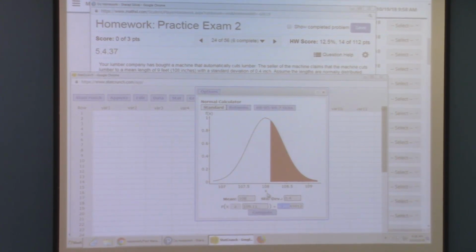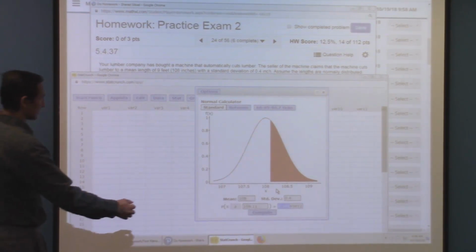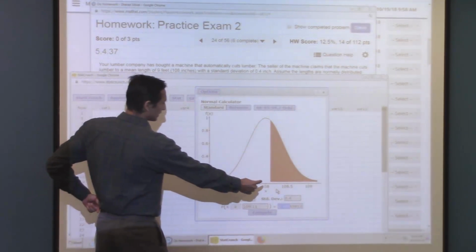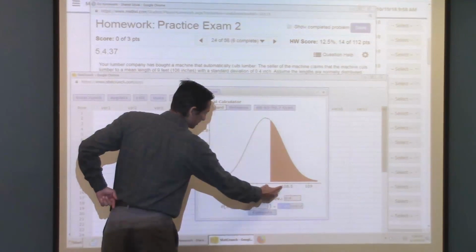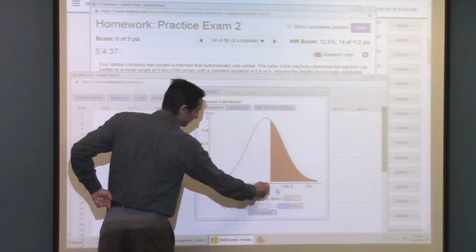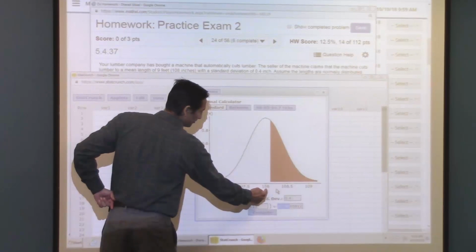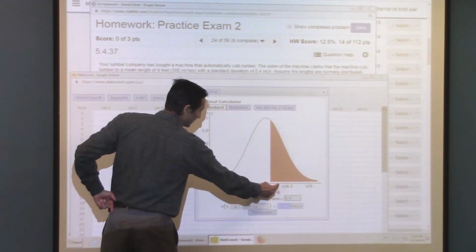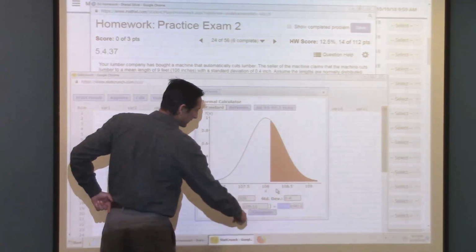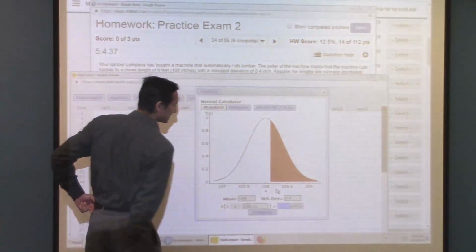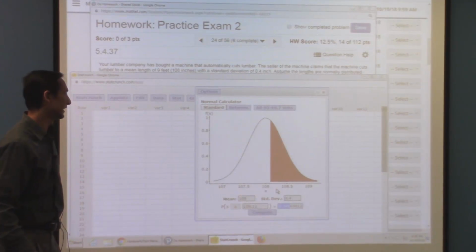Within 2 standard deviations means what? The standard deviation is 0.4, and the mean is 108. So within 1 standard deviation means 108.4, and within 2 standard deviations means 108.8.